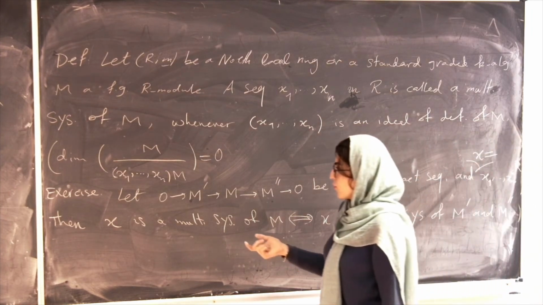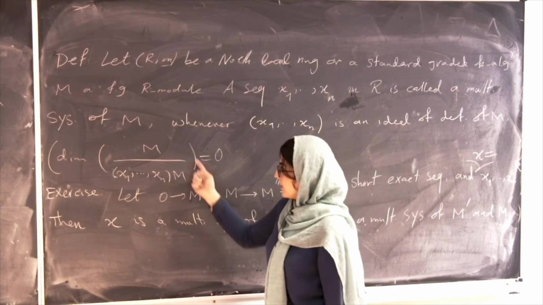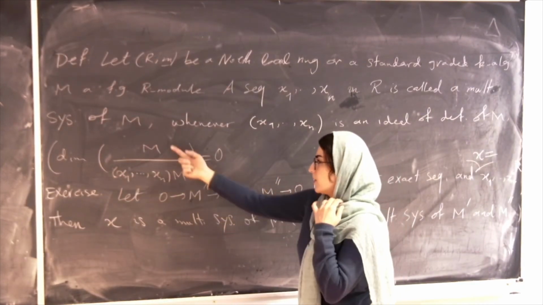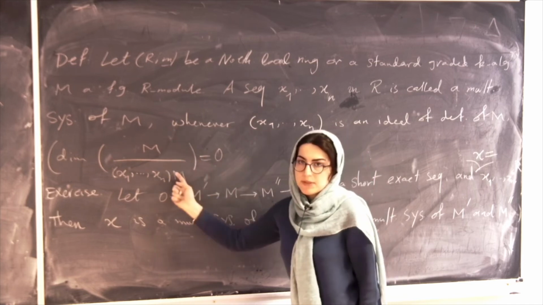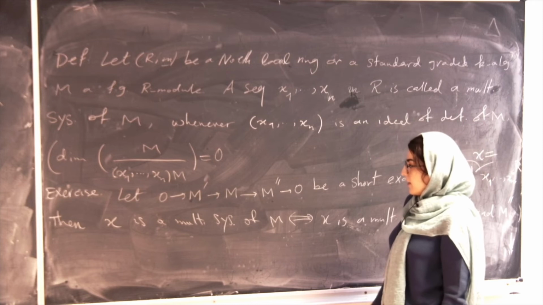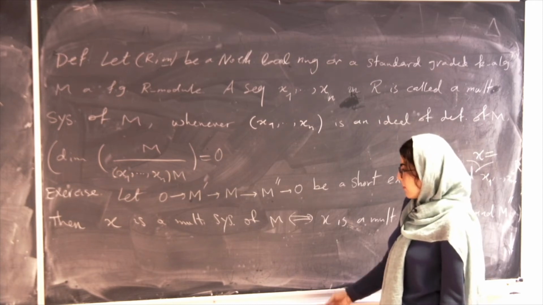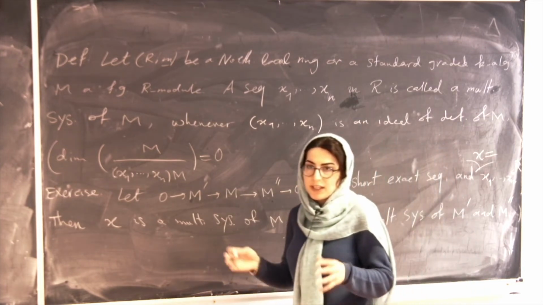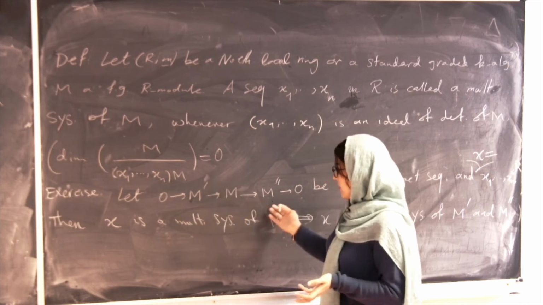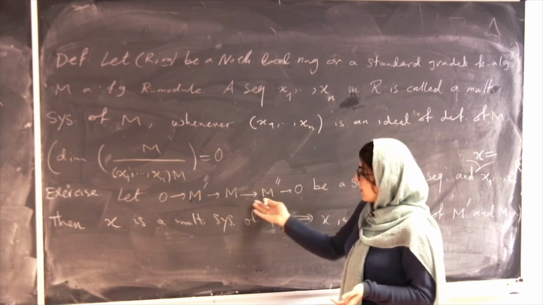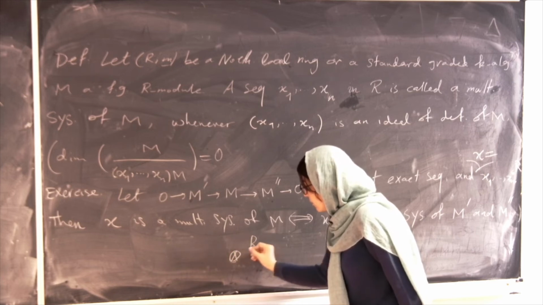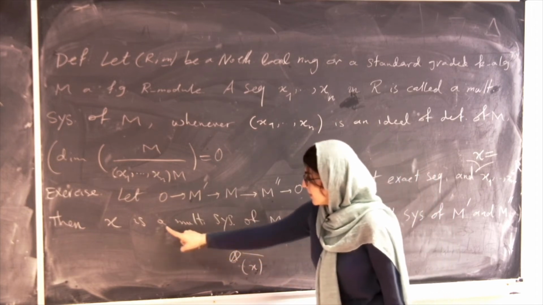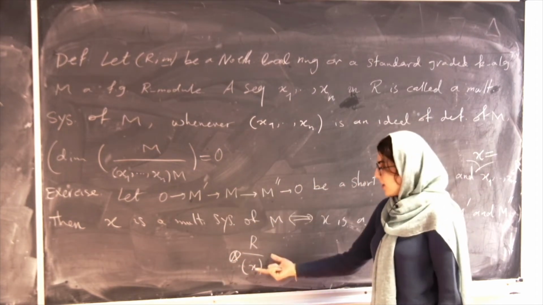So what you need to show is that the length of this module is finite if and only if the length of the corresponding modules for M prime and M second are finite. And as a hint, just use the additivity of lengths. By tensoring this short exact sequence with this ring, where x is a multiplicity system, we will get a right exact sequence.